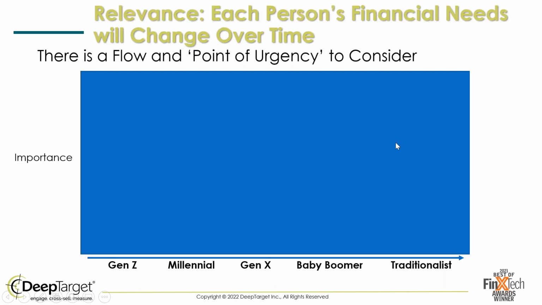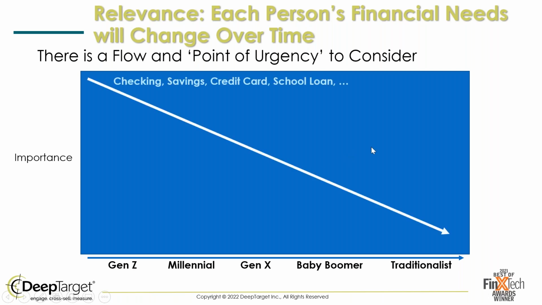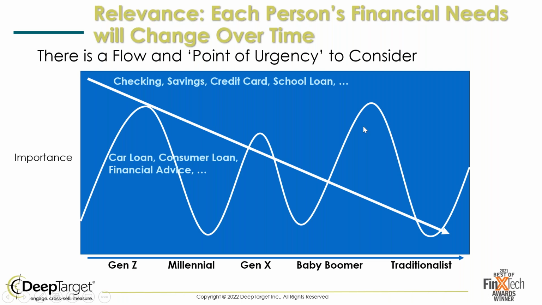We talked about this a couple of times, and I just love the flow of this. We all know that over time, individuals will go through different generations, generations will age, and their financial needs will change. The importance of those needs will change.